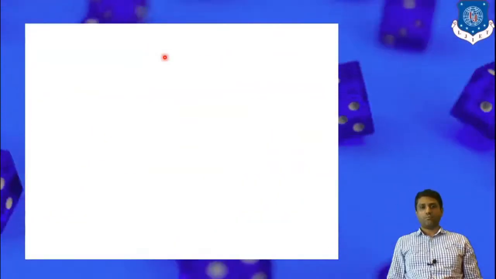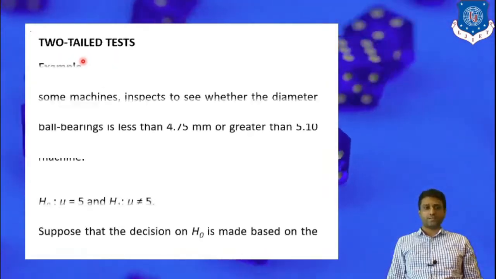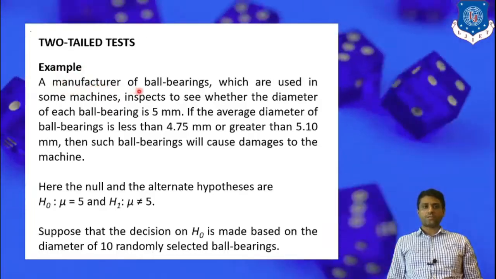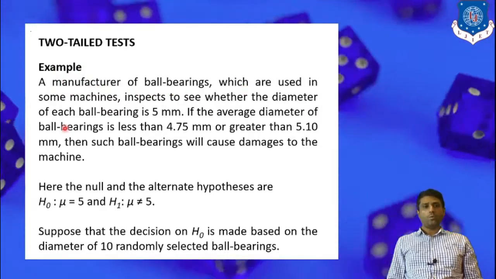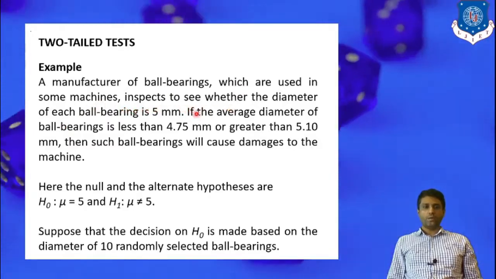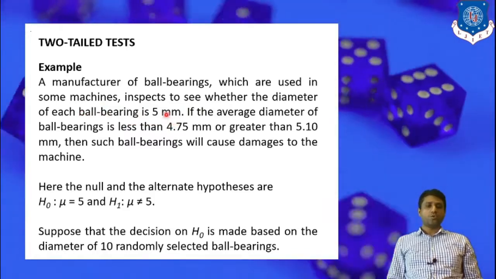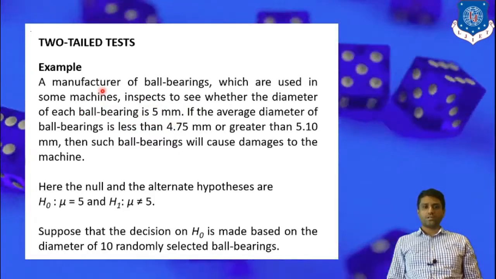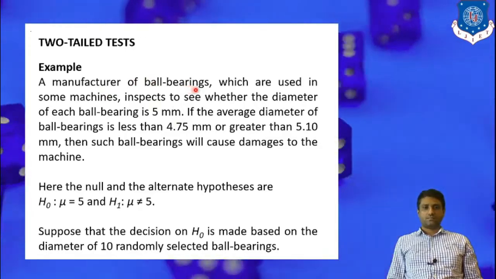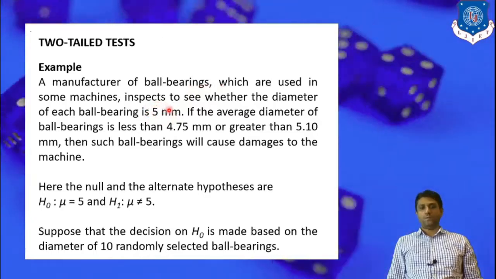So again, we consider one example for proper understanding of this two-tailed test. A manufacturer of ball bearings, which are used in some machine, inspects to see whether the diameter of each ball bearing is 5 mm. The ball bearing is in good condition if its diameter is 5 mm.